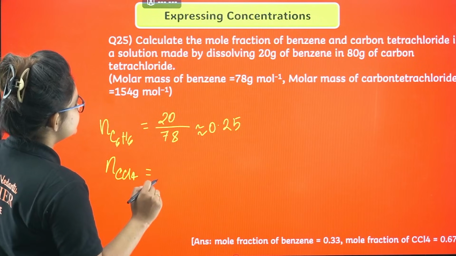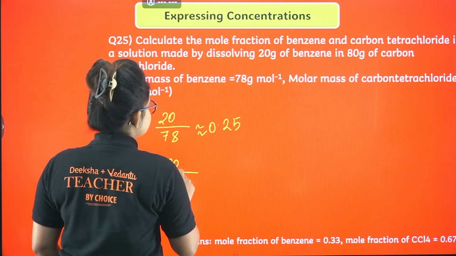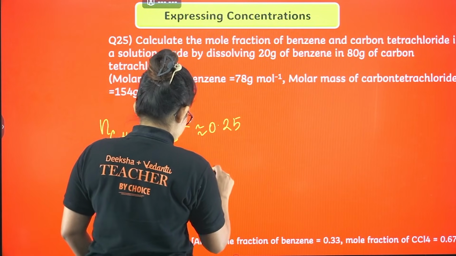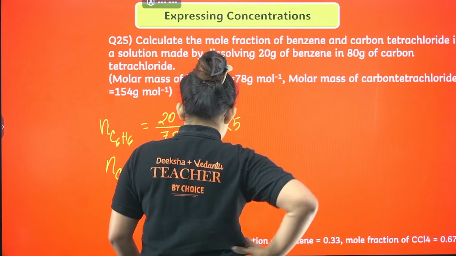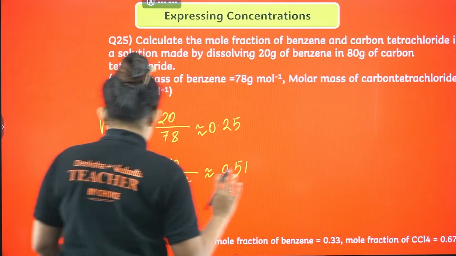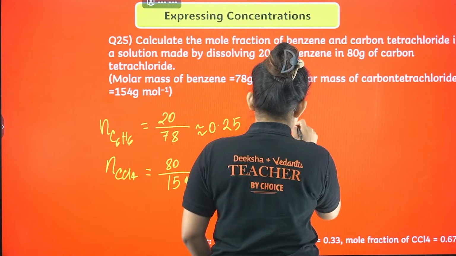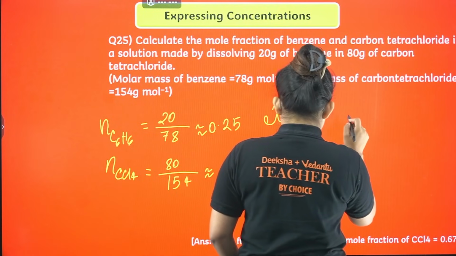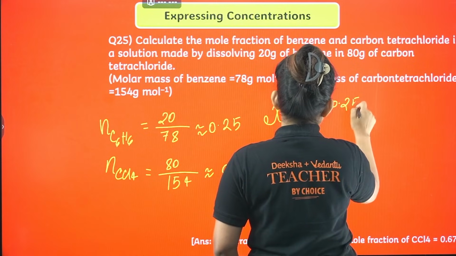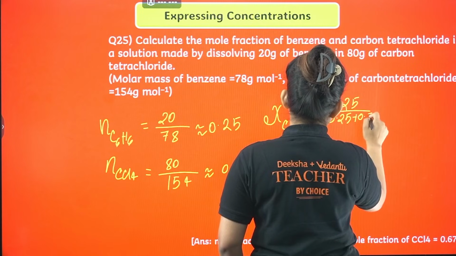Okay, next, number of moles of CCl4. If I calculate this, it is 80 divided by the molecular weight of CCl4, which is 154. From here what I get is 0.51, I guess. Now the mole fraction of C6H6 is 0.25 divided by 0.25 plus 0.51.